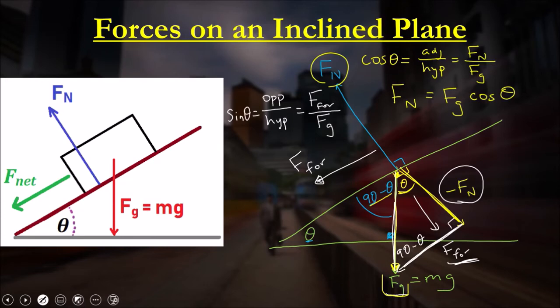Sine theta is the trig ratio we're using here. If I want to write it out as a function of what F forward is, F forward is Fg sine theta.